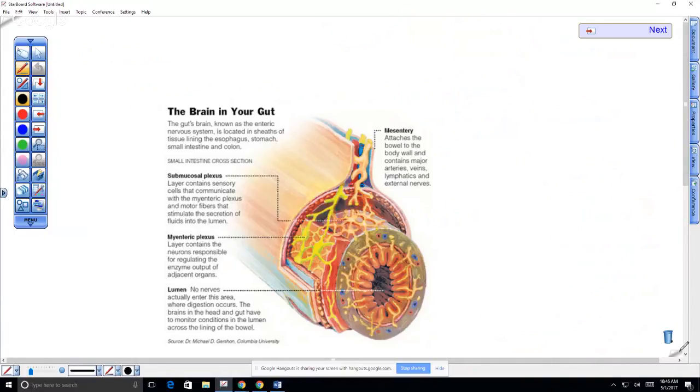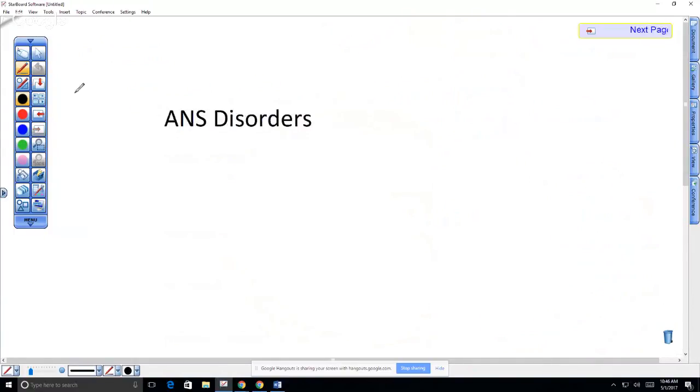Okay, I'm going to skip over this one right here because I want to talk about ANS and CNS. In your book, at the very end of this chapter, there's a discussion about how the central nervous system and the autonomic nervous system interact. Remember that the autonomic nervous system is part of the peripheral nervous system, and it can go into the spinal cord, or it can travel via the cranial nerves right into the central nervous system.